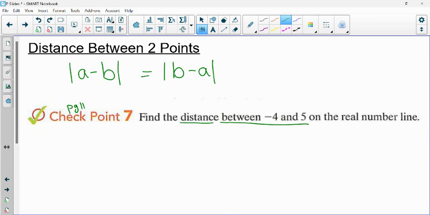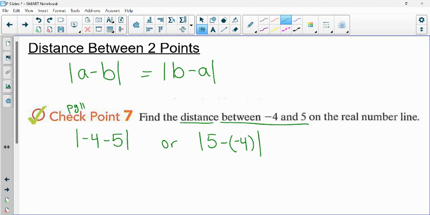And it doesn't matter the order in which we subtract them, as long as we take the absolute value of that whole thing in the end. So I can do the absolute value of -4 minus 5, or I could also do the other way around. I could do the absolute value of 5 minus, but again, be sure you're subtracting -4.